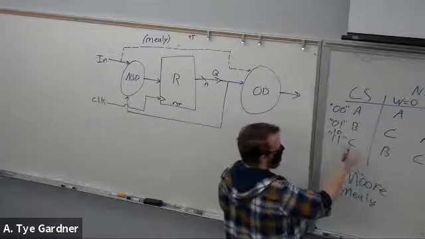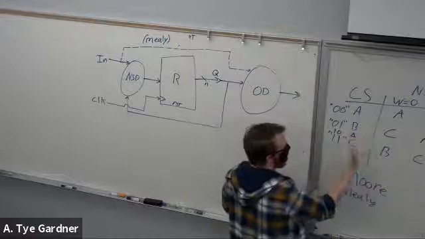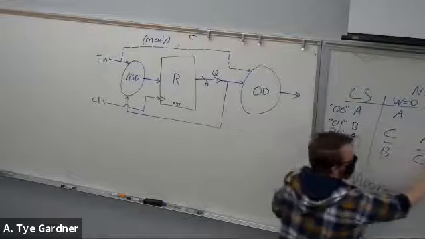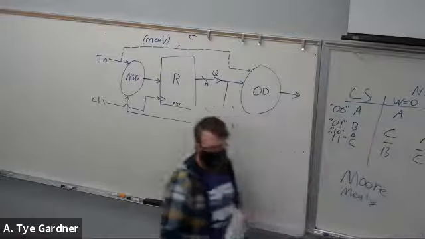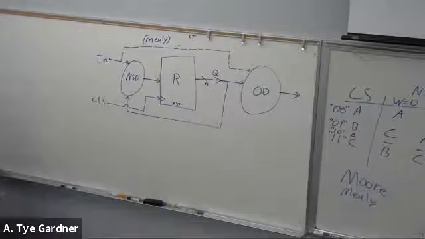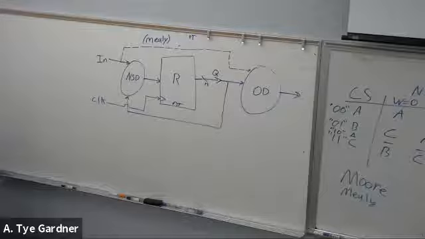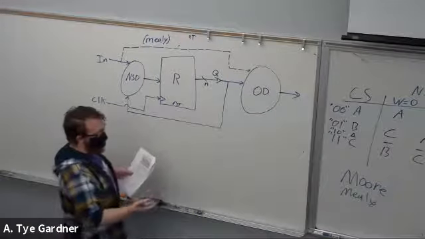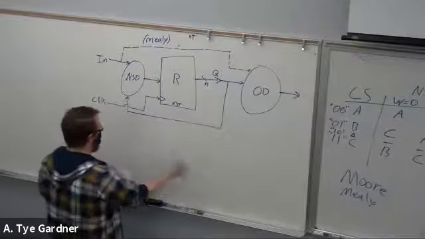And I'm just going to throw in and call it delta. And it just doesn't care. It should never get to that state, right? So it's a don't care state. But it exists, right? Because there are 4 bits, I have to have 4 states. It's just one of them, hopefully I never end up in it.